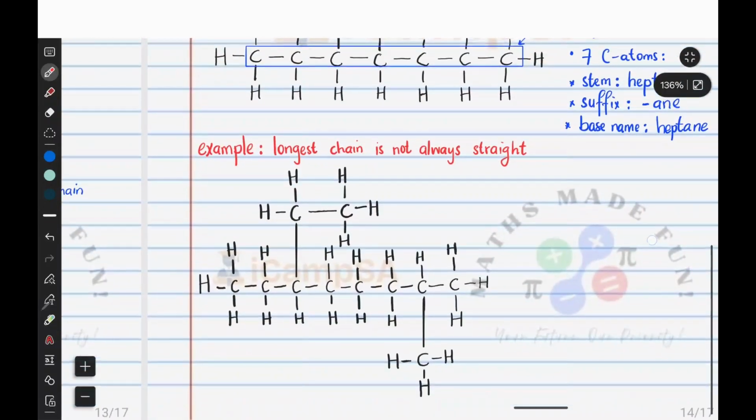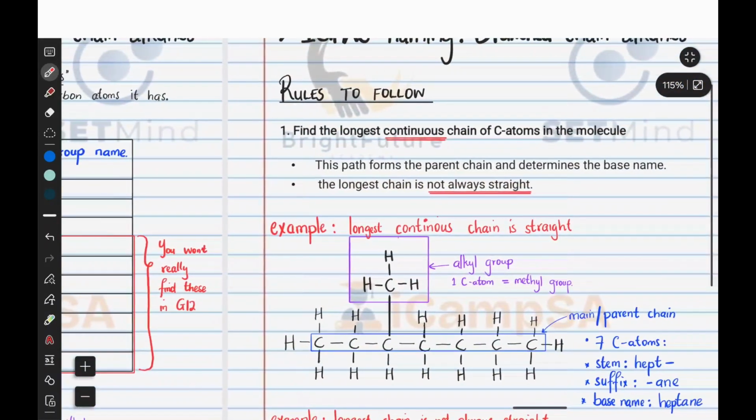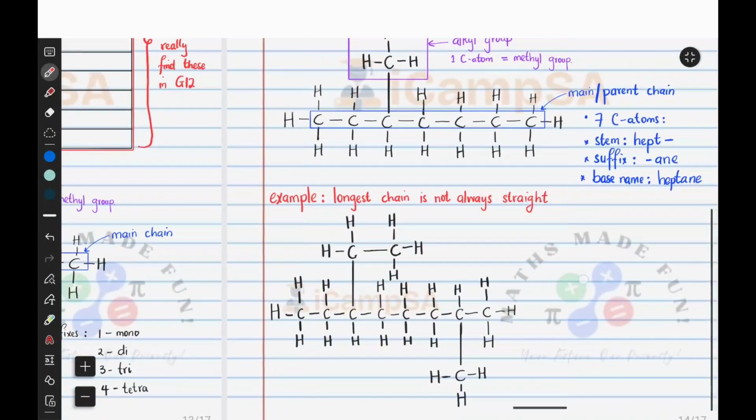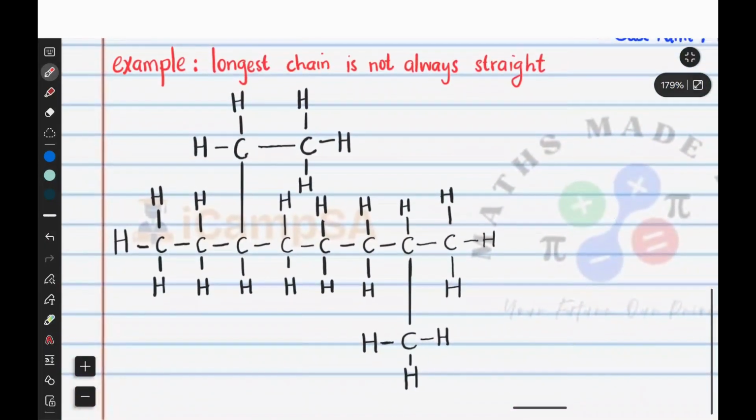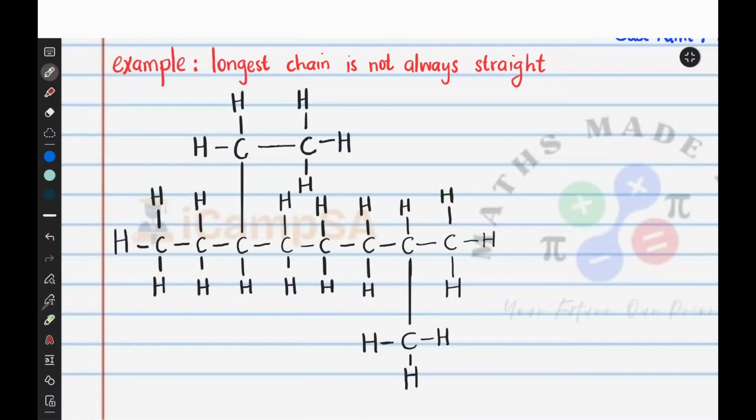All right, so if we check our other example here to show that the longest chain is not always straight, okay? So check this compound of ours here. The name of it is not really important for now, because it's just to illustrate that the longest chain is not always as straightforward. So if we check our straight chain, the continuous straight chain runs from here, and this is the straight continuous chain, okay?